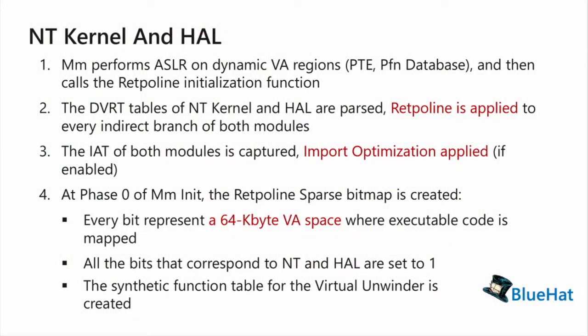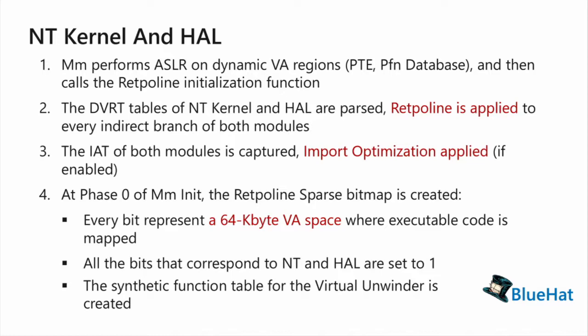Okay, so what happens after the previous function has decided that Retpoline must be initialized, still in memory manager phase -1 initialization? It does two things. First, it performs the ASLR on dynamic VA regions, as we have seen, the page table entry, the page table and the PFN database, using the DVRT data structures.